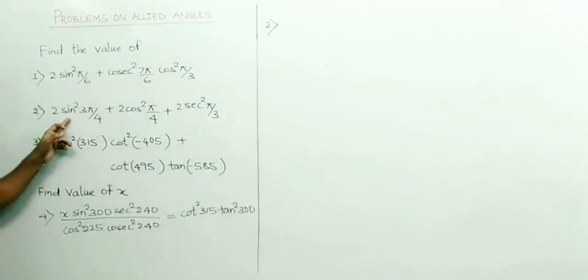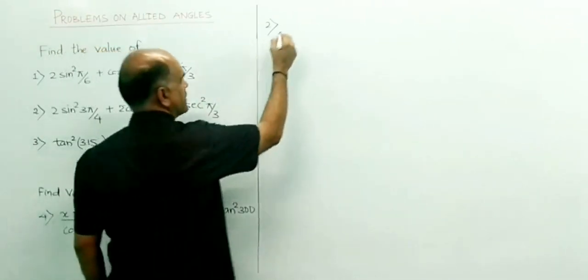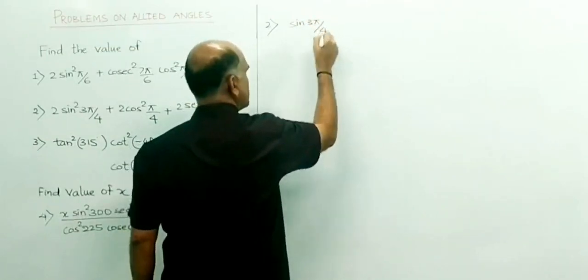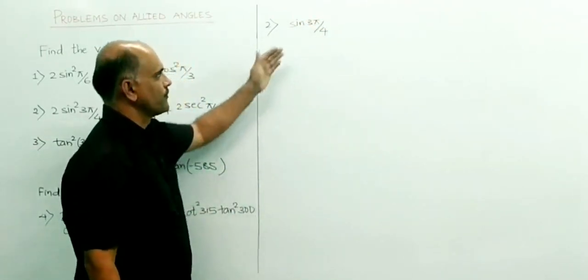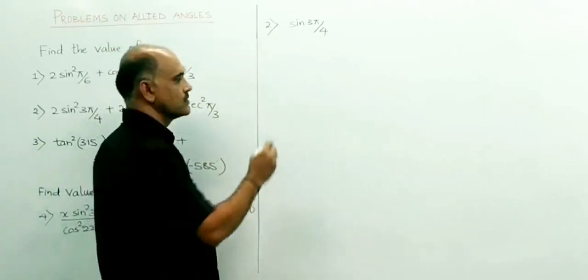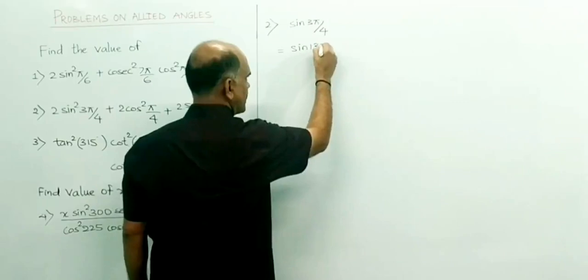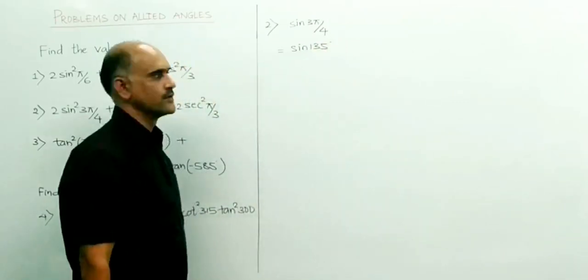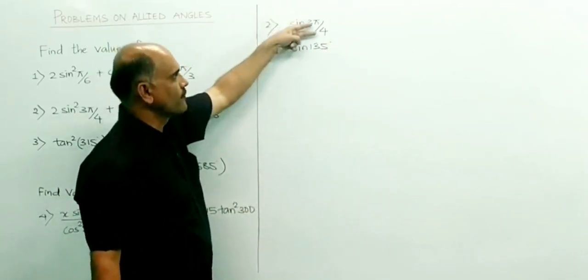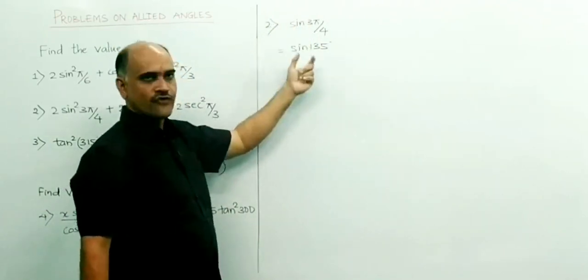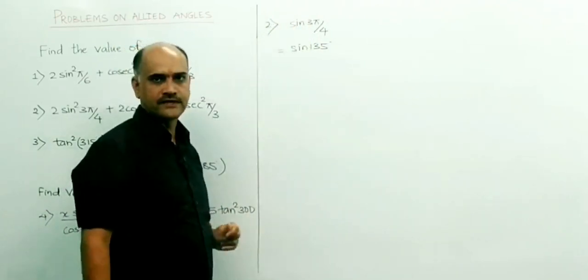So if I take sine 3 pi by 4, first you convert this into degree, so you will have sine 135. Pi by 4 is 45. 45 into 3 will get 135.